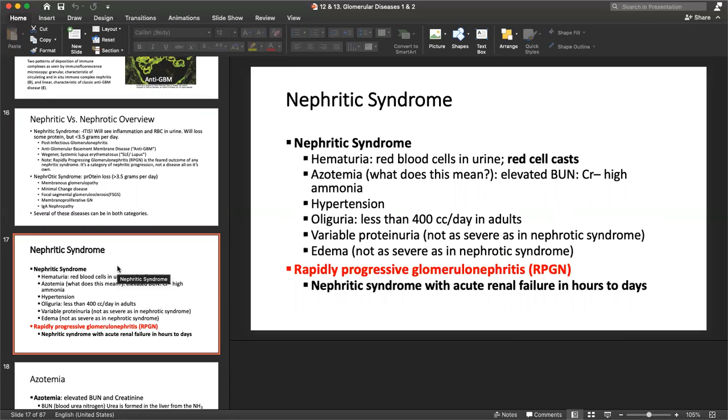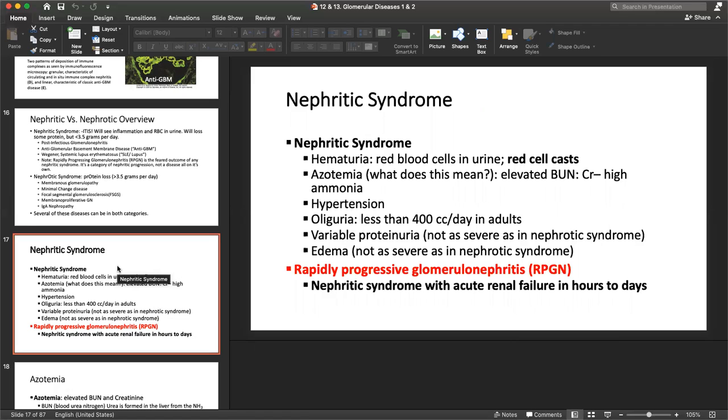So we're going to see red blood cell casts with nephritic syndrome. Azotemia, which is going to be an elevated BUN to creatinine ratio because it's going to be a high ammonia level because of the urea. We'll have hypertension, oliguria, which is low urine output.